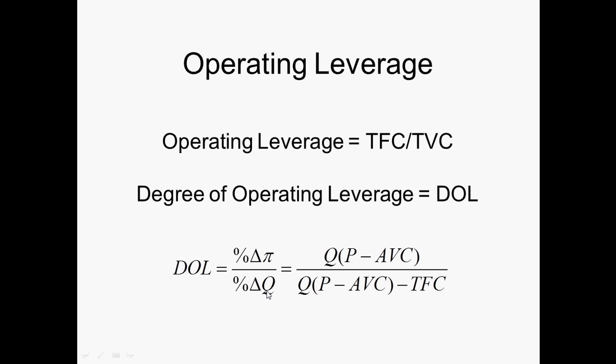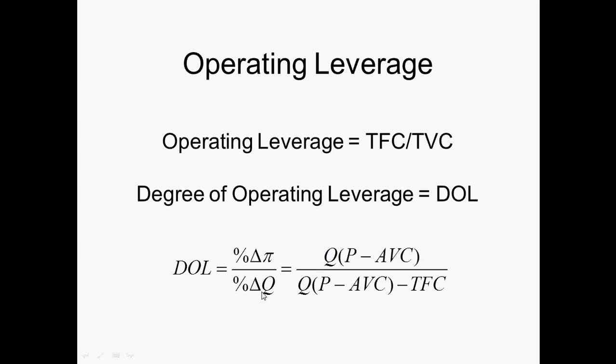This tells you, you could say, the elasticity of your profits with respect to your quantity sold. So you can imagine firms might be in different situations. If you have really high fixed costs but really low variable costs, then you would have a high degree of operating leverage.